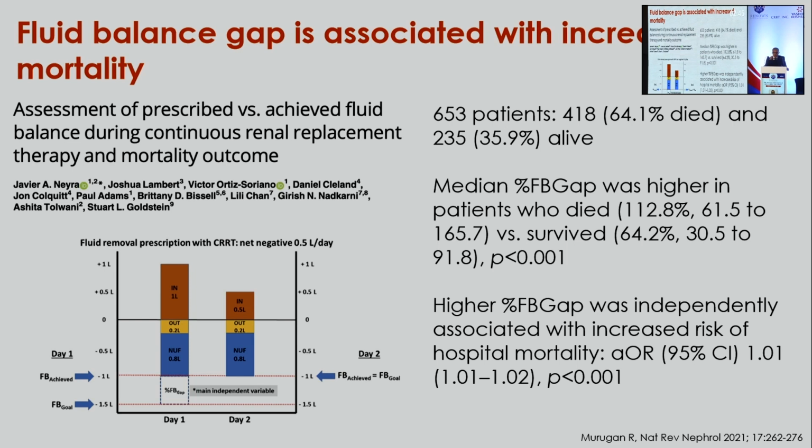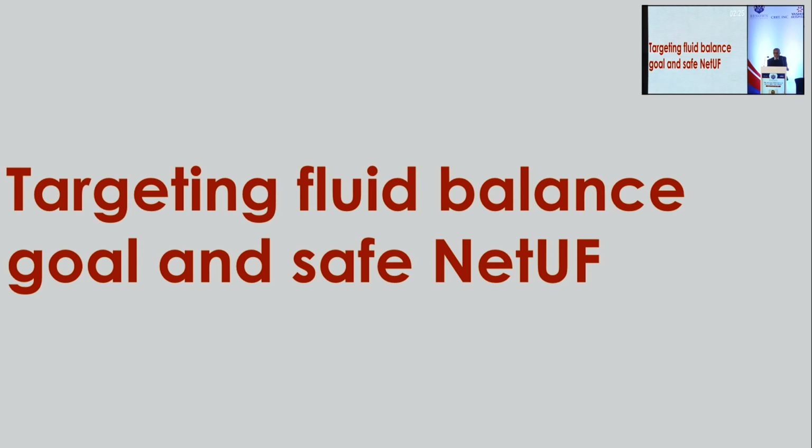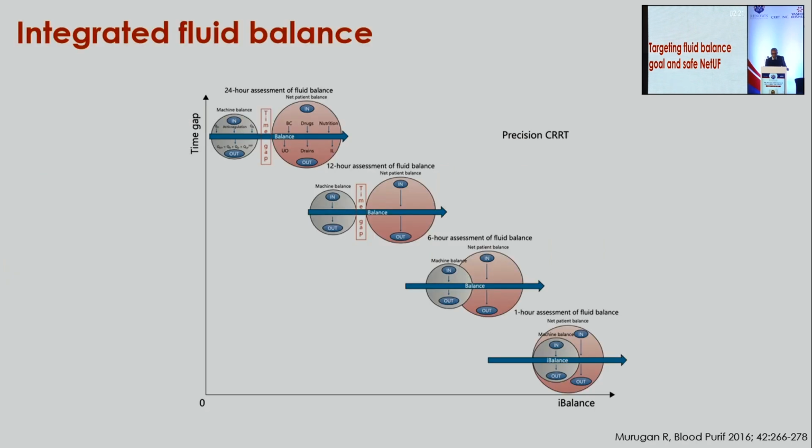When they looked at the percentage fluid balance gap, which was the difference between what they targeted to achieve and what they actually achieved, a higher fluid balance gap was independently associated with an increased risk of hospital mortality. So therefore, how do we target fluid balance and safe net ultrafiltration?